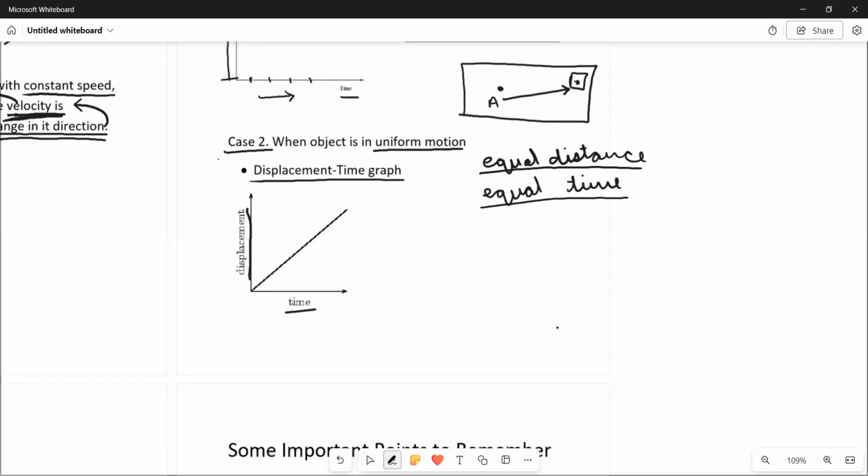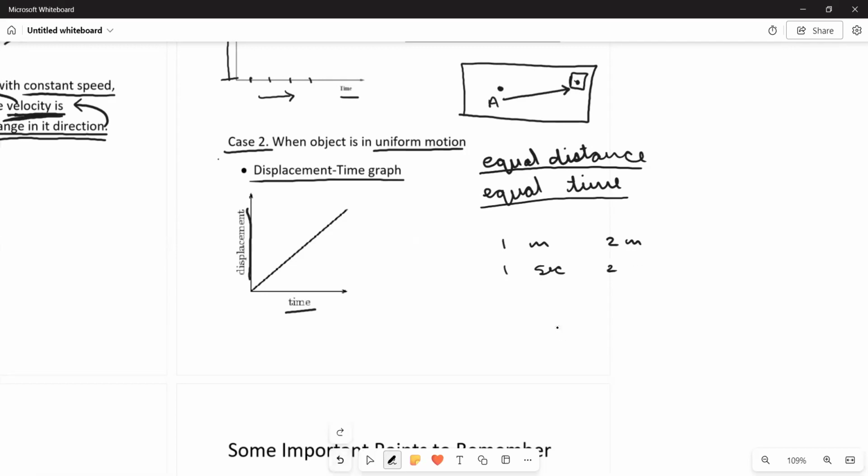So as we have said, equal distances in equal intervals of time. Say an object is covering 1 meter in the first 1 second, and then another 1 meter in the next second, which will be 2 meters in 2 seconds. Then again 1 meter in the next 1 second. So we can call this 3 meters in 3 seconds, right?